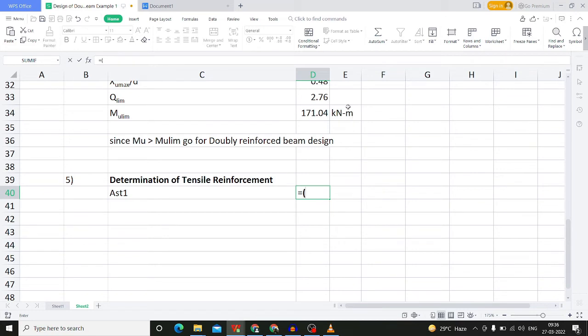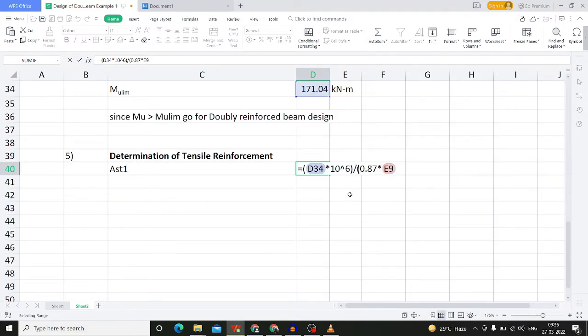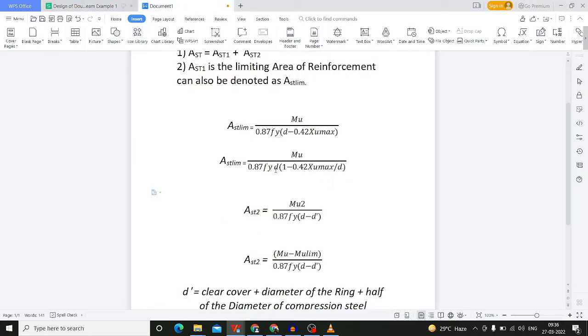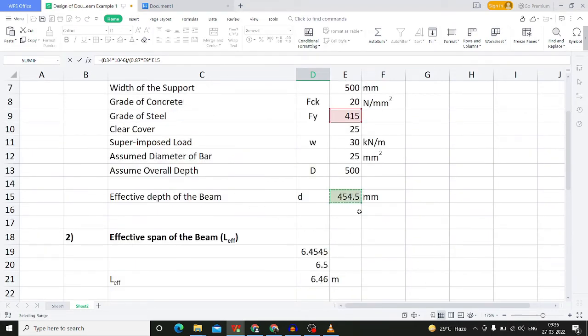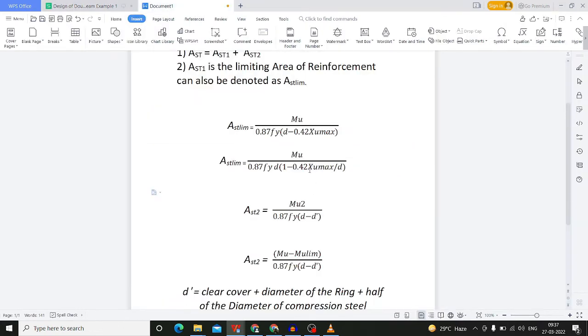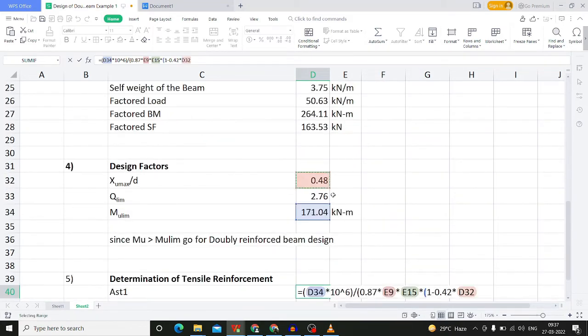So bracket Mu into 10 to the power 6, divided by 0.87 into Fy, the grade of steel, into the effective depth d, into bracket 1 minus 0.42 into xu max by d, bracket close.